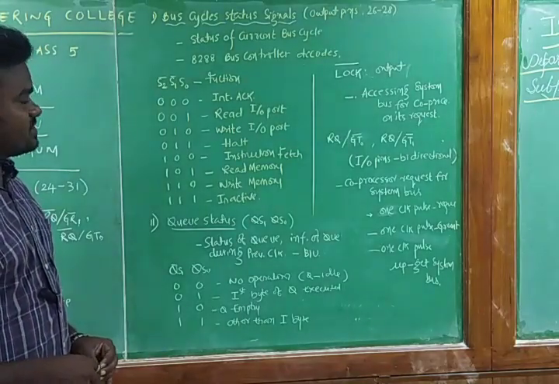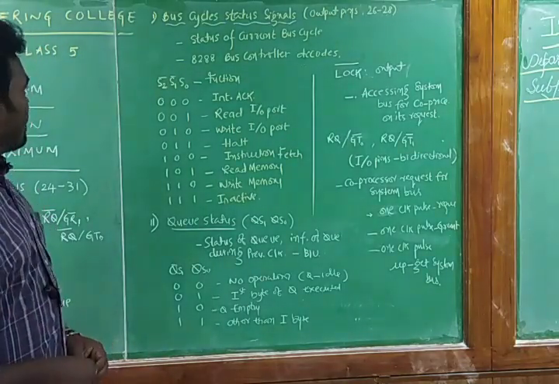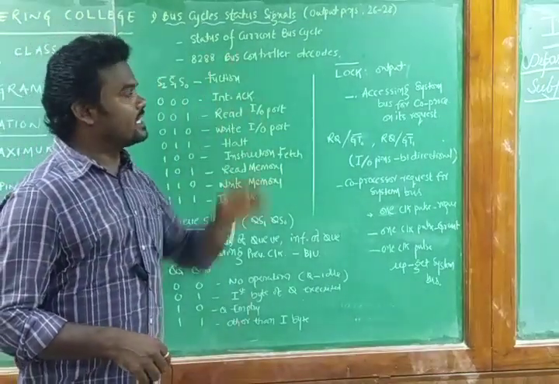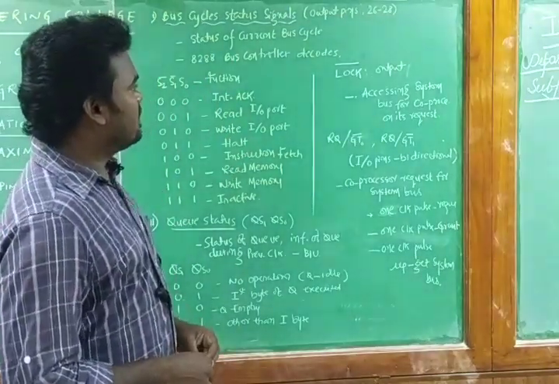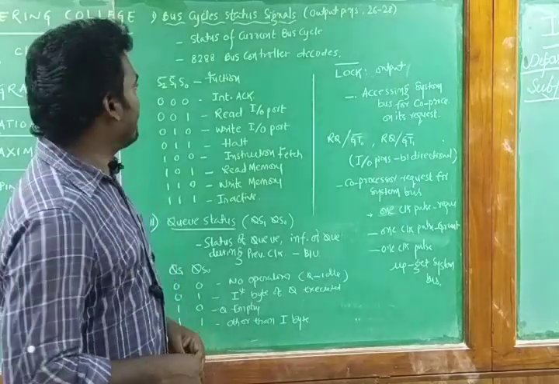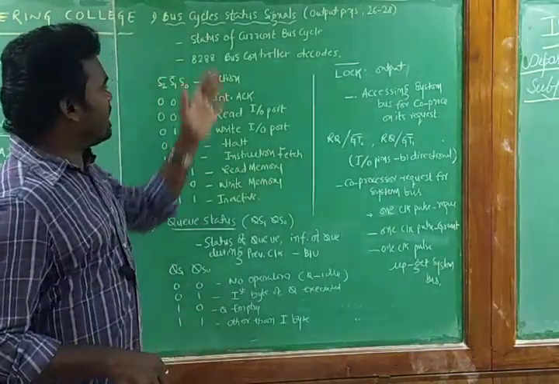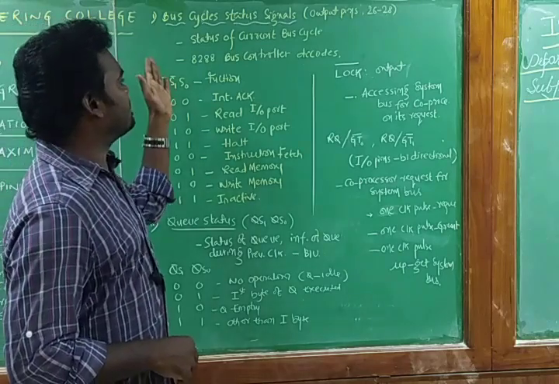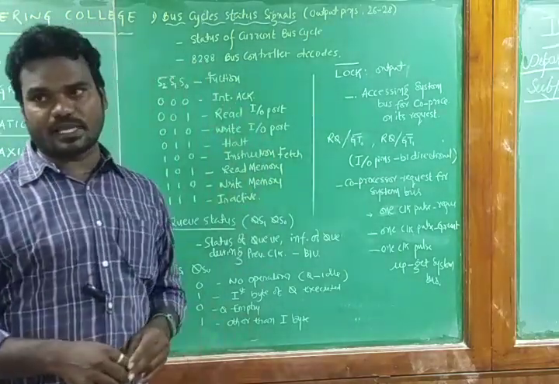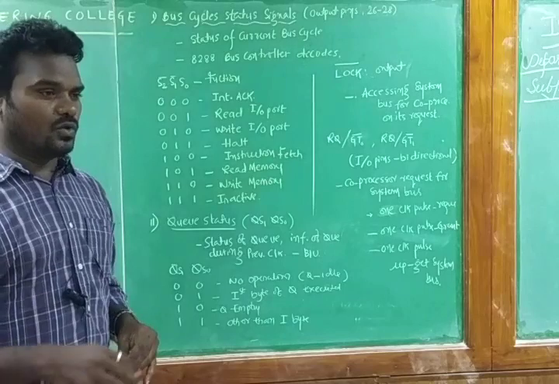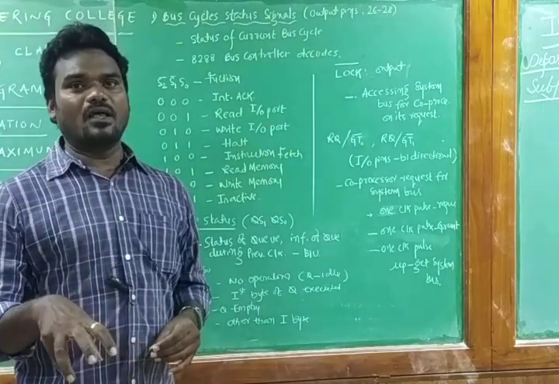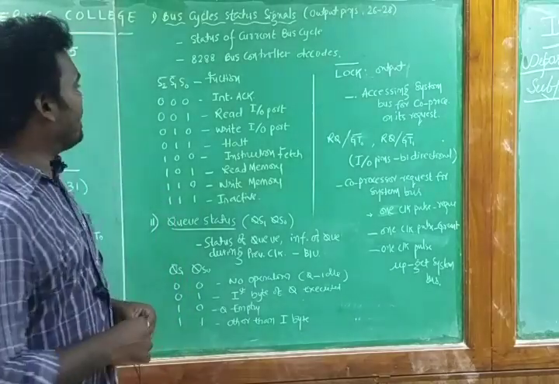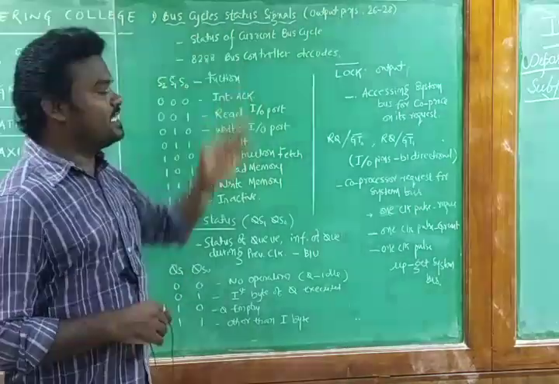These 3 pins, 26, 27 and 28, indicate the status of the current bus cycle. That means, during the current bus cycle, what operation has been done by the processor can be explained by these 3 status signals.